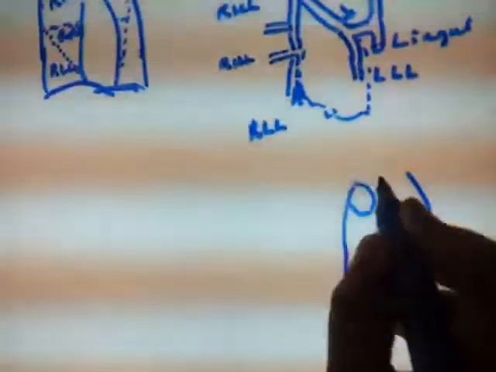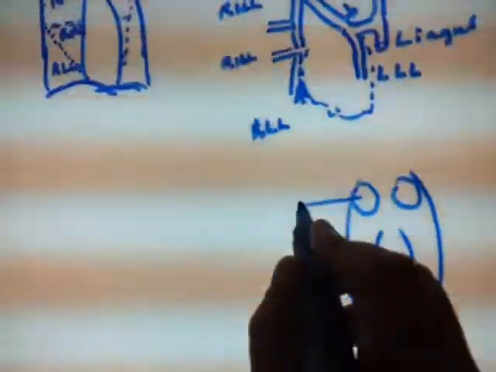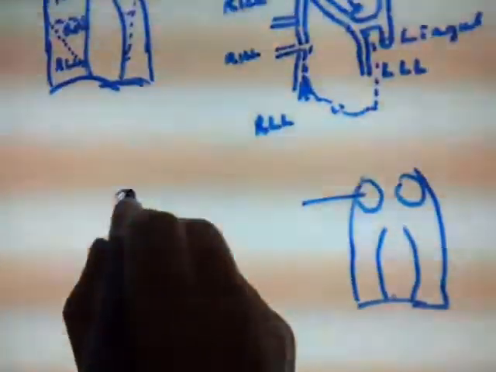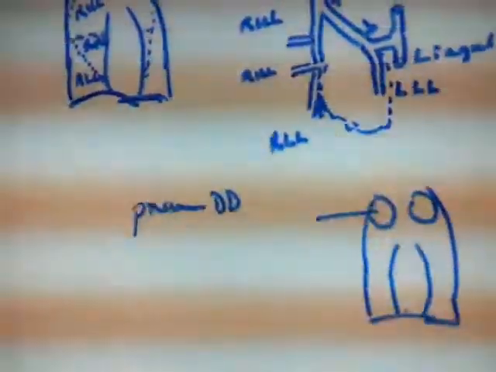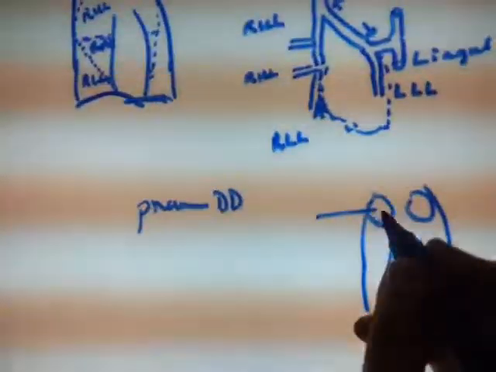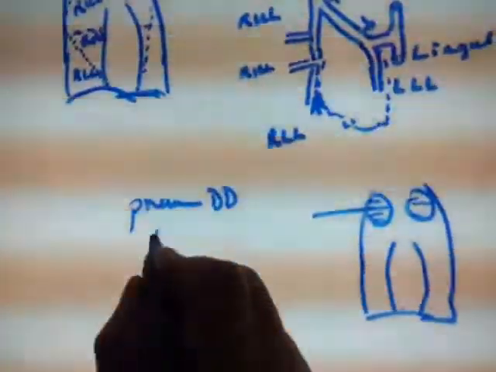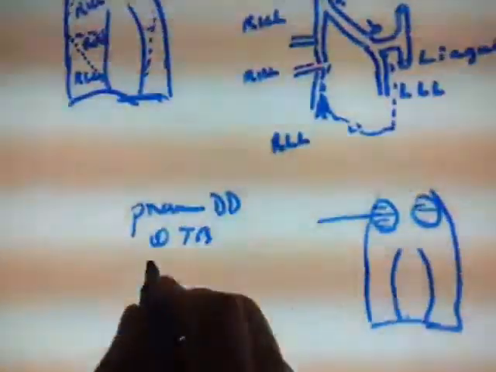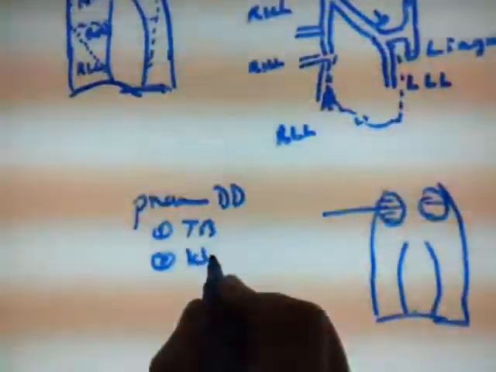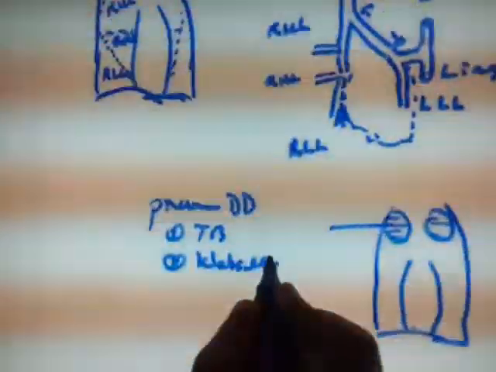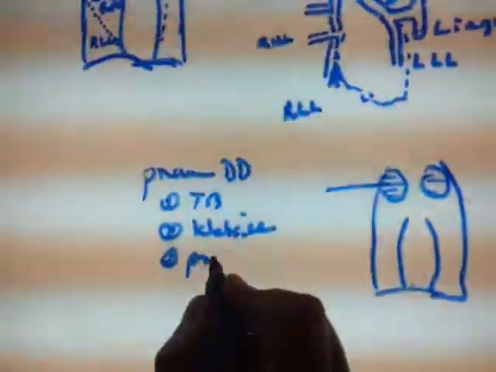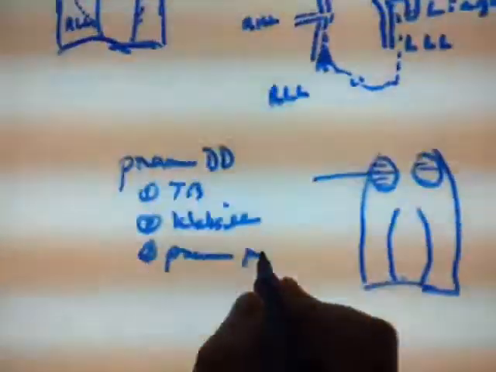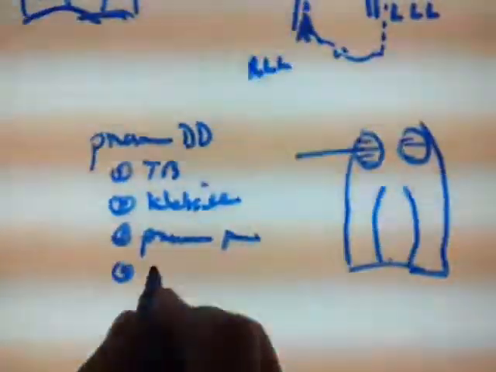Can you tell me, if a pneumonia occurs in the upper part, in the apex, what is the differential diagnosis? First of all, pulmonary TB. Second, Klebsiella. The third is pneumococcal pneumonia. Fourth, malignancy can mimic it.